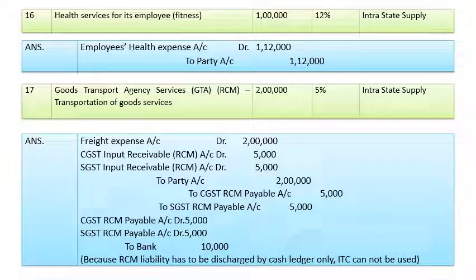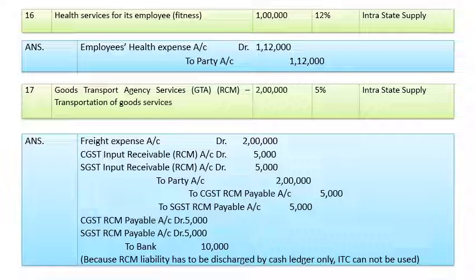CGST input receivable account debit, SGST input receivable account debit, and at the same time it is a liability of the person also. That is why it is credited to CGST RCM payable account and SGST RCM payable account. Why is it payable? Because the recipient has to pay this 5,000 plus 5,000 to the government through the cash ledger, and later on input credit is available.